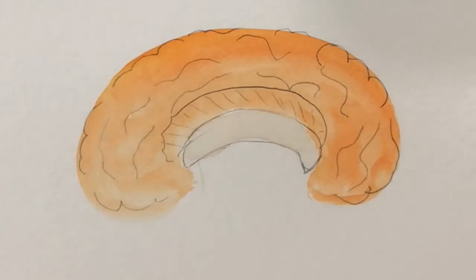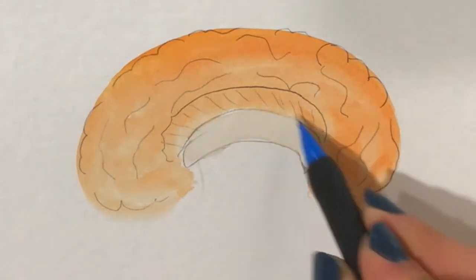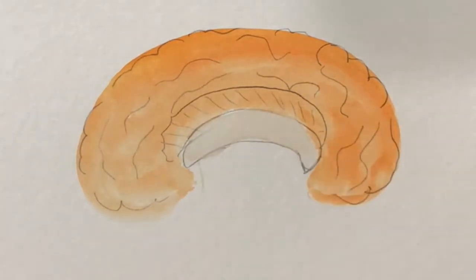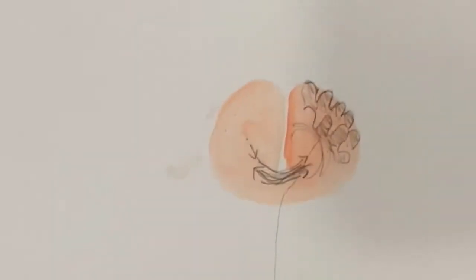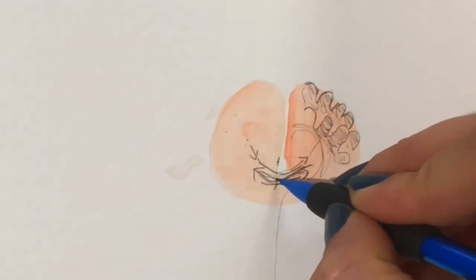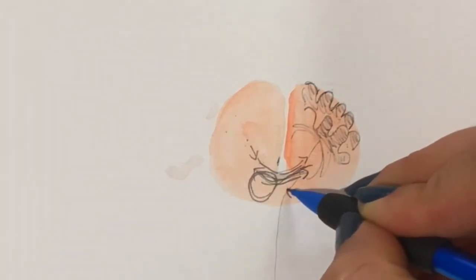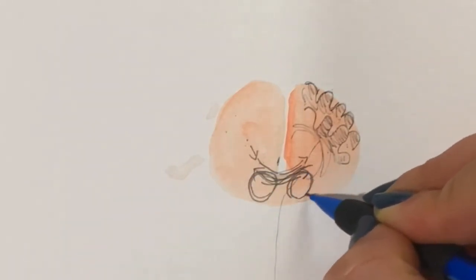So the first thing we're going to do is the diencephalon. The diencephalon is going to be at the very center of the brain, and it's really interesting because it actually takes up quite a bit of space. The diencephalon includes a lobe of the thalamus on this side and a lobe of the thalamus on the other.